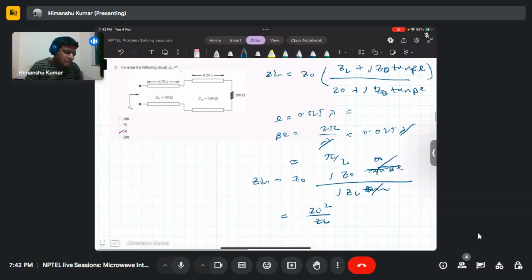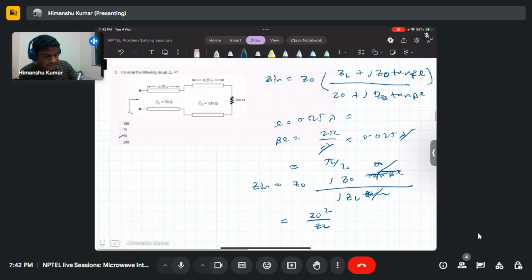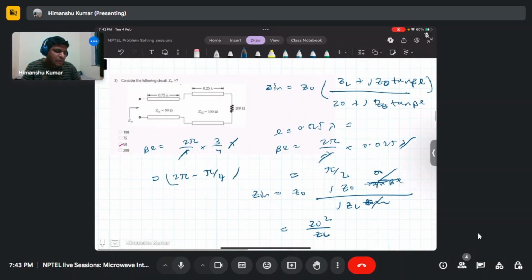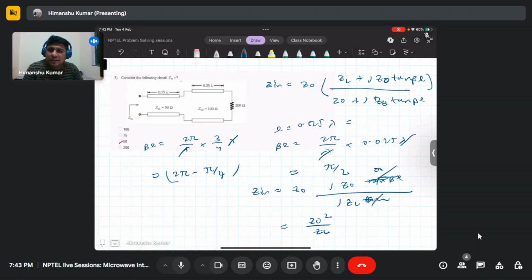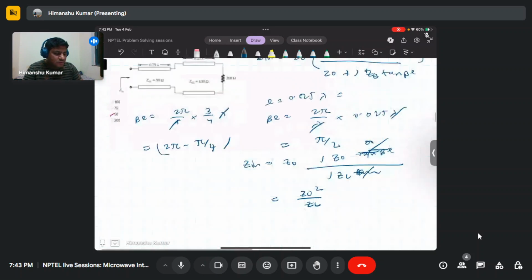Now for the 0.75 line, beta L will be equal to 2 pi by lambda times 3 by 4 lambda, so you can write it as 2 pi minus pi by 2.